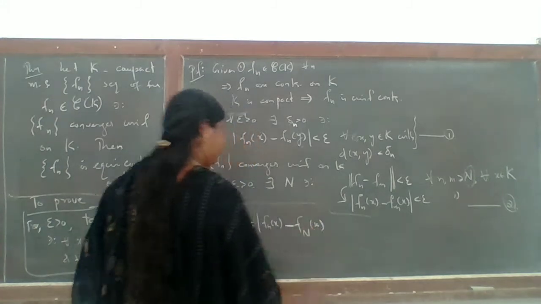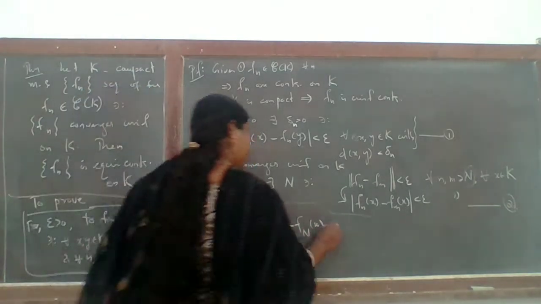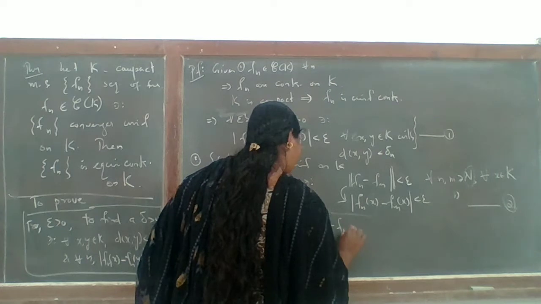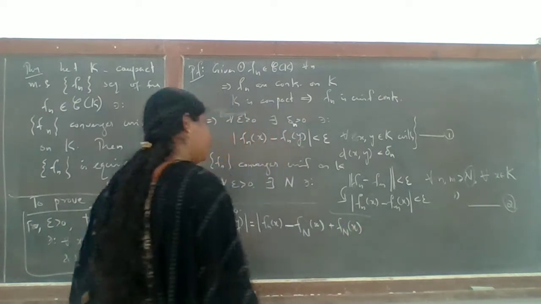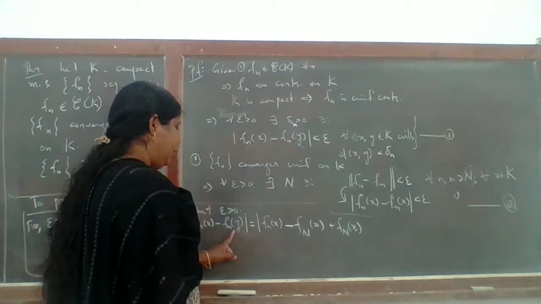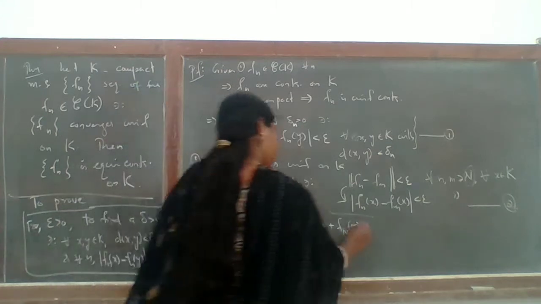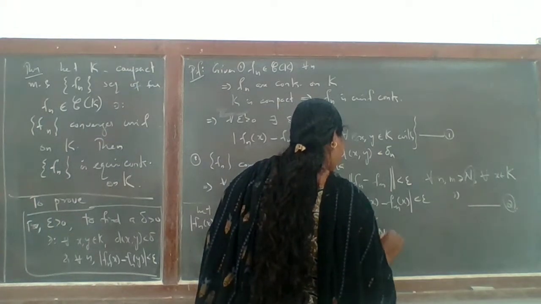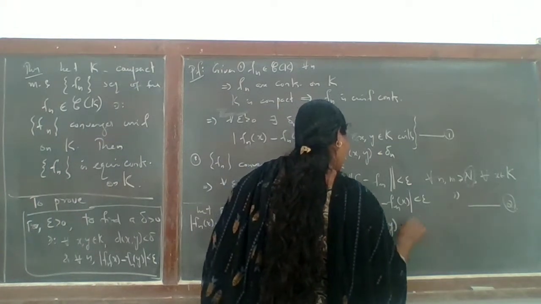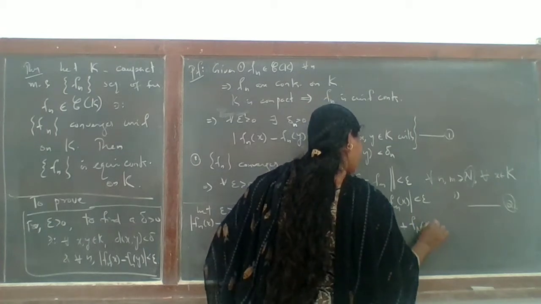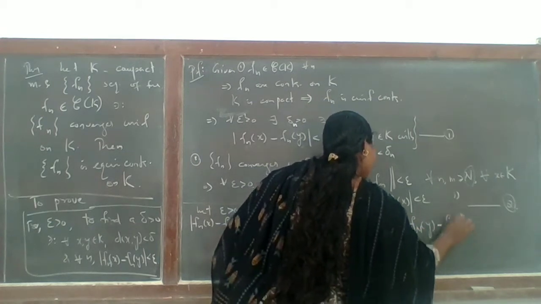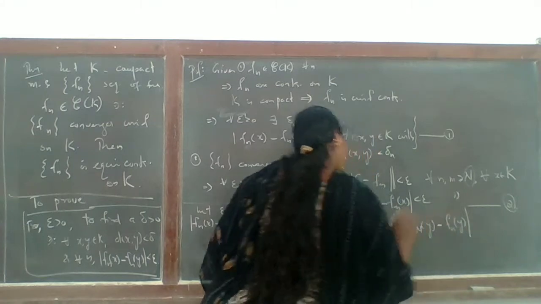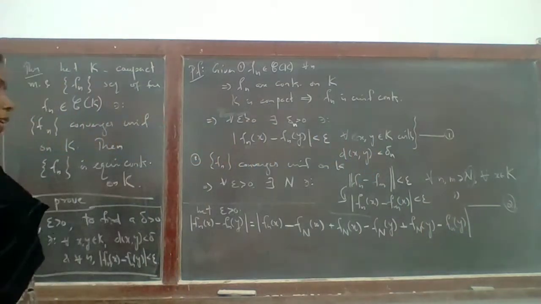So f_n(x). Okay. So we have to remove it by adding f_N(x), and we have to come back to y. So here we consider f_N(y). Okay, these are the three.